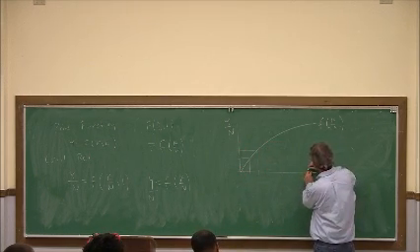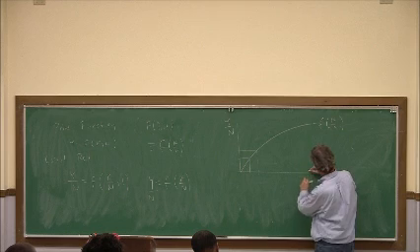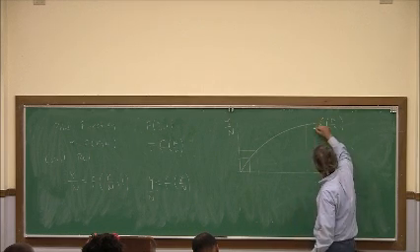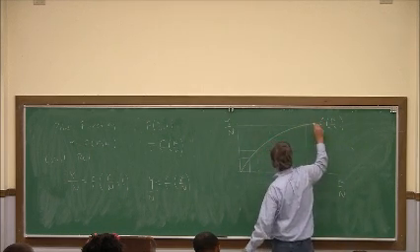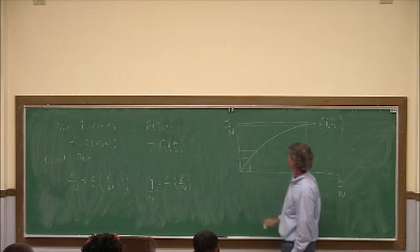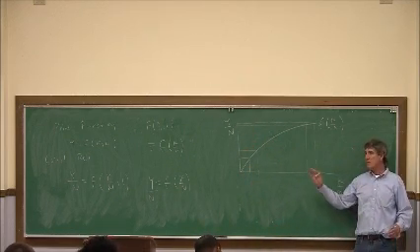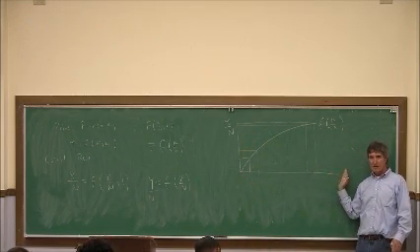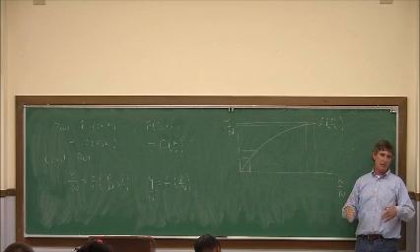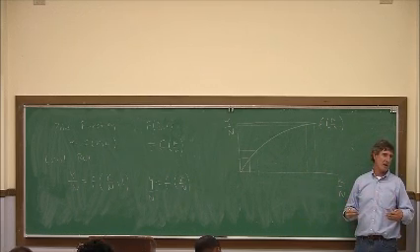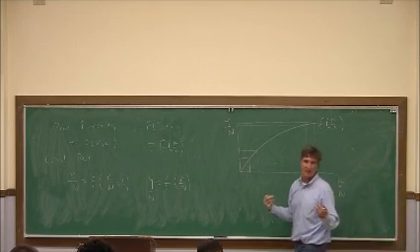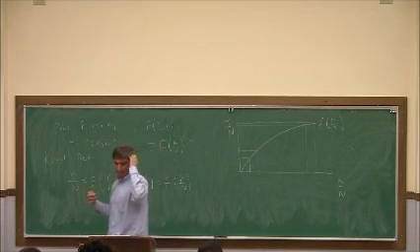Out here, the same increase gives me a much smaller change in output. So the same increase in K over N gives us less and less increase in the standard of living. So there's diminishing returns in K over N in this case.